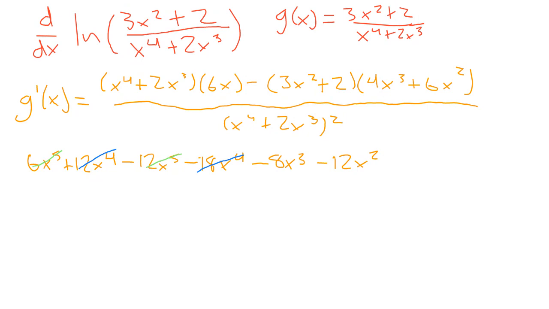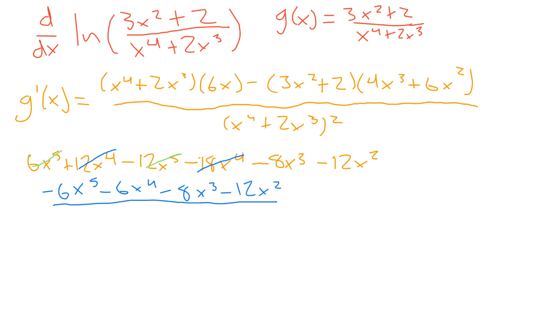So now we can rewrite this saying we have negative 6x to the 5th minus 6x to the 4th minus 8x cubed minus 12x squared all over x to the 4th plus 2x cubed squared. It's going to be our g prime of x.